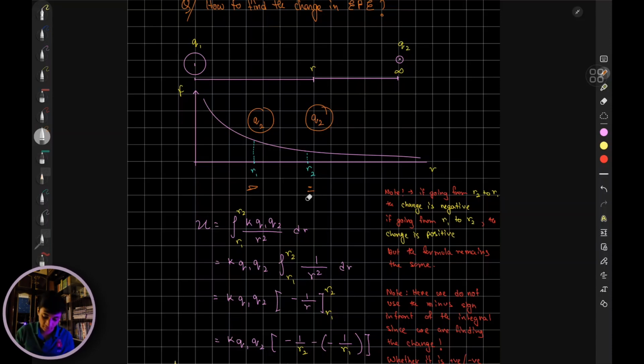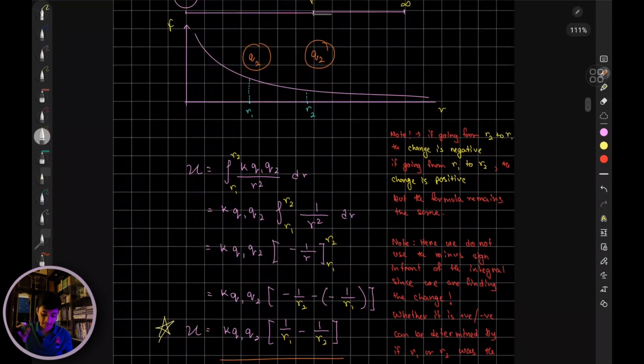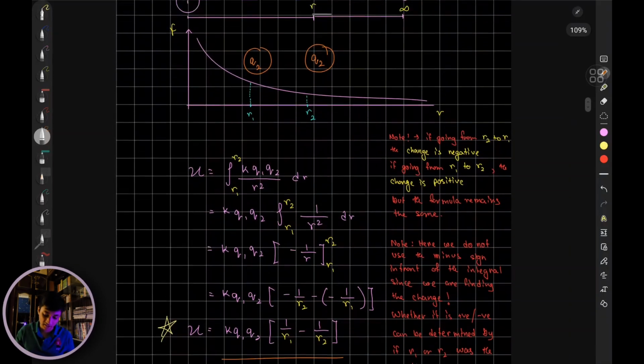Moreover, you don't know if the charge is moving from r2 to r1 or r1 to r2. That is why we don't introduce a minus sign over here, because it can be both negative or positive. The force can act in the direction of the movement, or it can act opposite. It's going to depend largely on what your r1 and your r2 are.